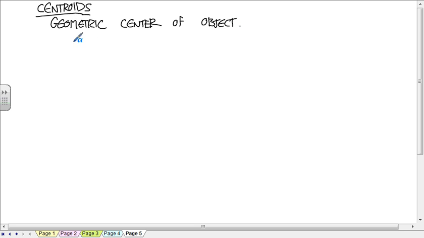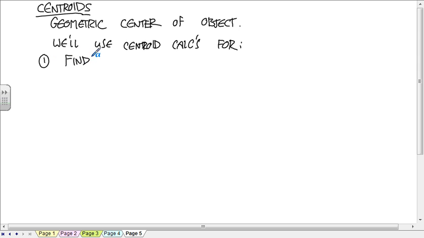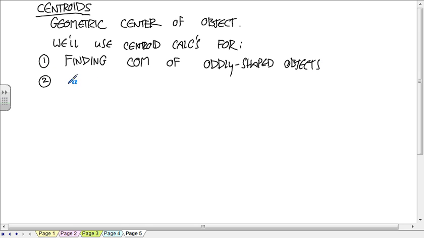We'll use centroid calculations first for finding the center of mass of odd-shaped objects, and then second, for problems with distributed loads.